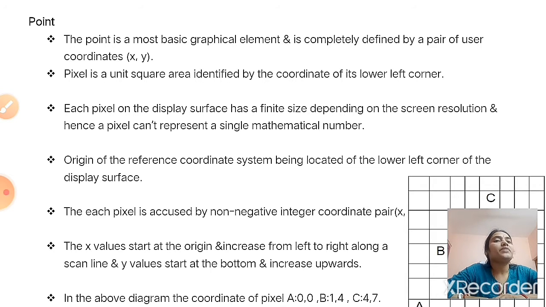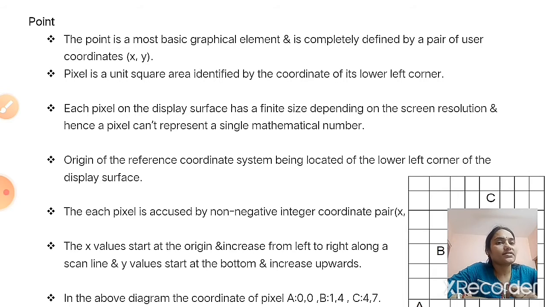A pixel is a unit square area identified by the coordinate of its lower left corner. Each pixel on the display surface has a finite size depending on the screen resolution, and a pixel cannot represent a single mathematical number.